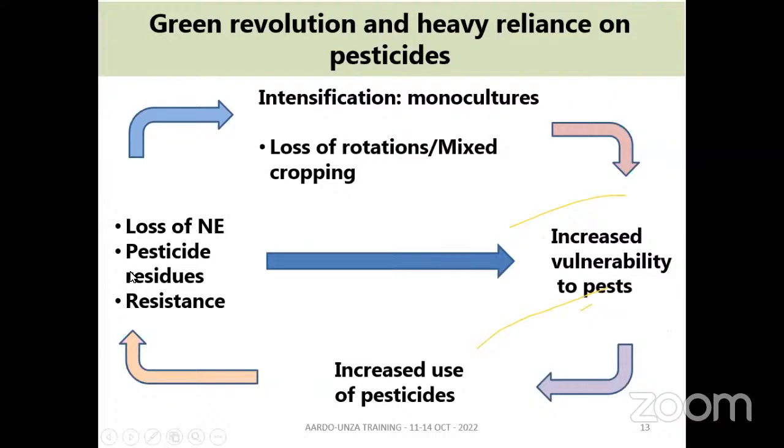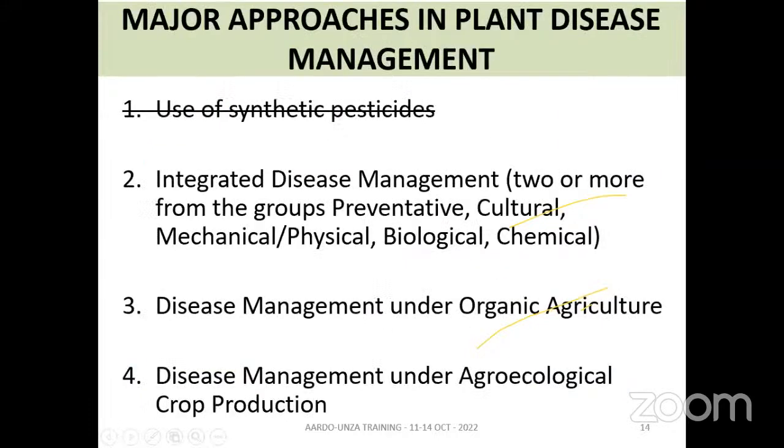Resistance building up, you have residues on crops, you have natural enemies disappearing, and so on and so forth. Okay? So in the end, at some point we got caught up in this cycle of monocropping and the associated problems.